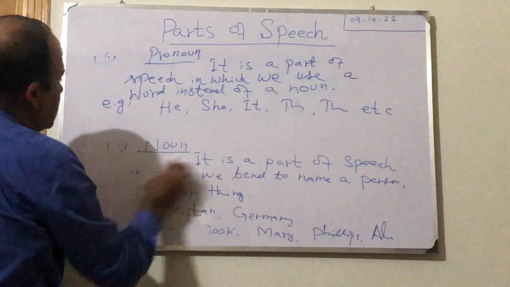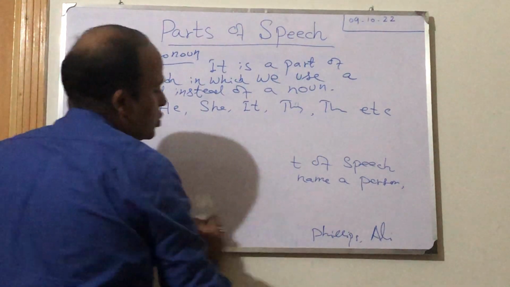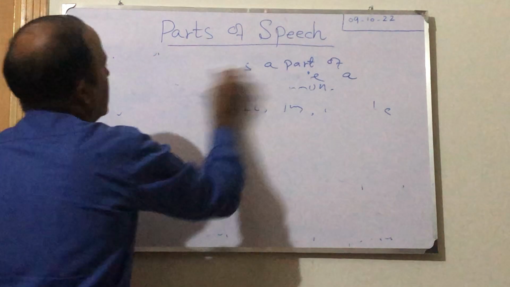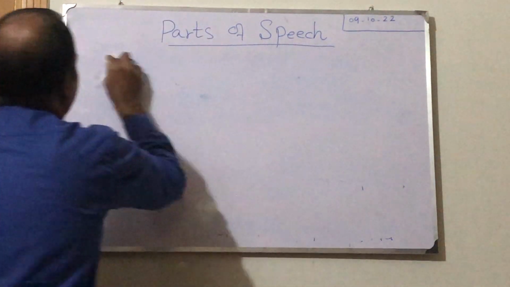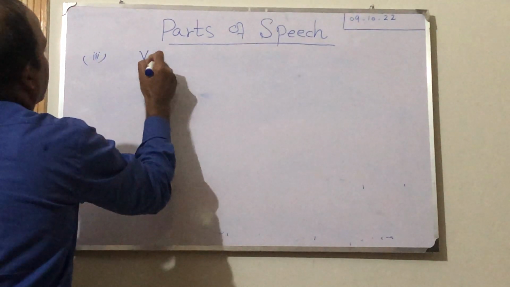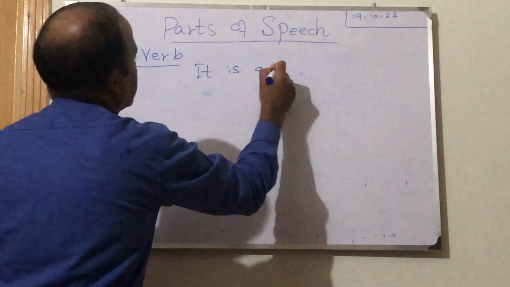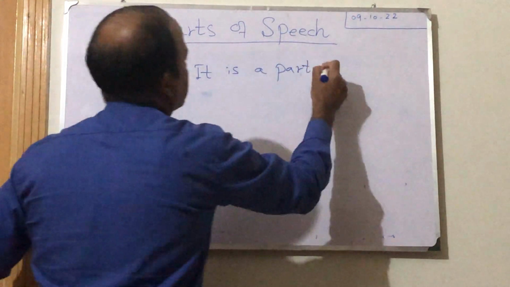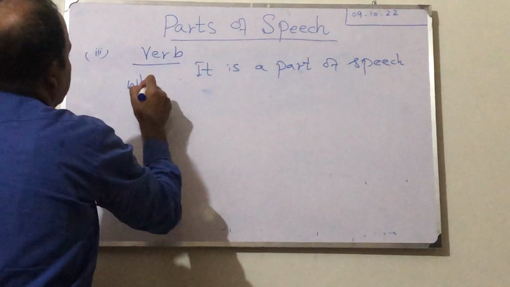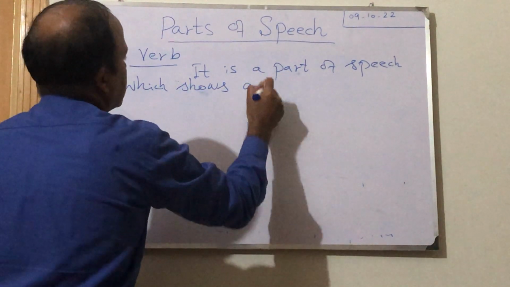Now we'll go into the third tier, and that happens to be verb. Alright, let's move into verbs. It is a part of speech which shows actions.